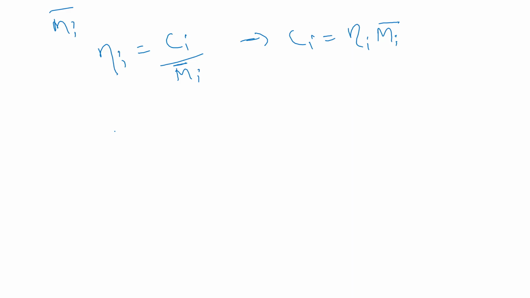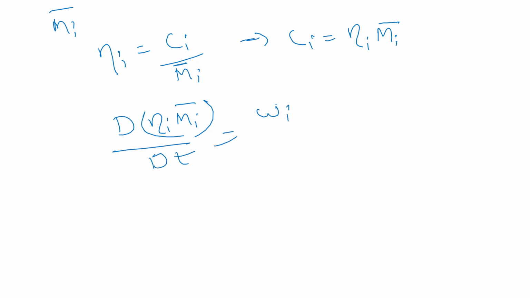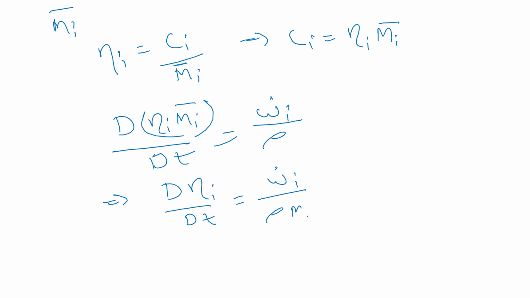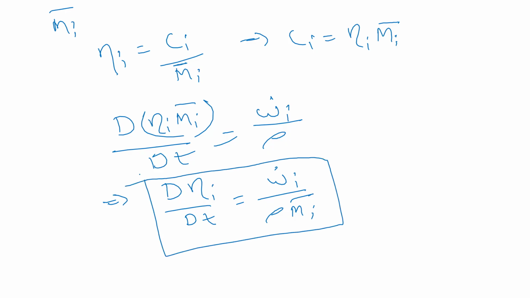We will get d of eta i mi bar upon dt equal to wi dot upon rho. This mi bar is constant, so it will come out, and it becomes d eta i upon dt equal to wi dot upon rho mi bar. This is another form of the species continuity equation.